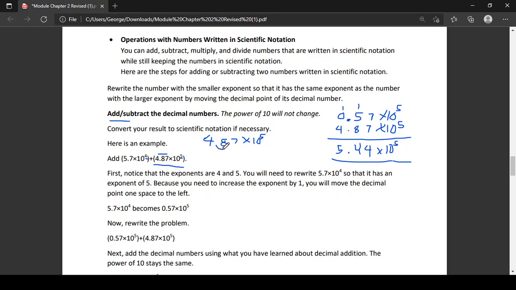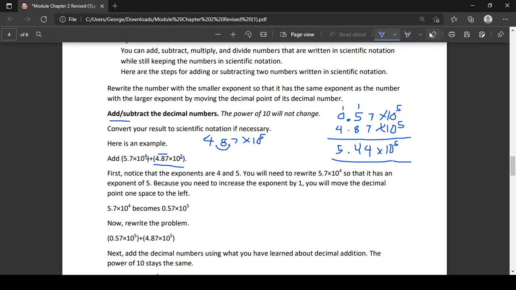Left to right, sir. It becomes 48.7. Since I moved left to right, the exponent changes by minus 1, therefore 4. Instead of 4.87, it is now 48.7, so can I now add it to 5.7? Yes, sir.